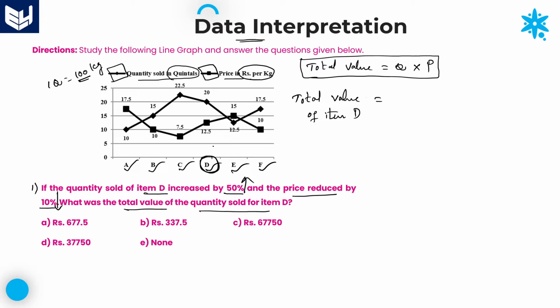The quantity of item D, represented with the rhombus shape, is 20 quintals.